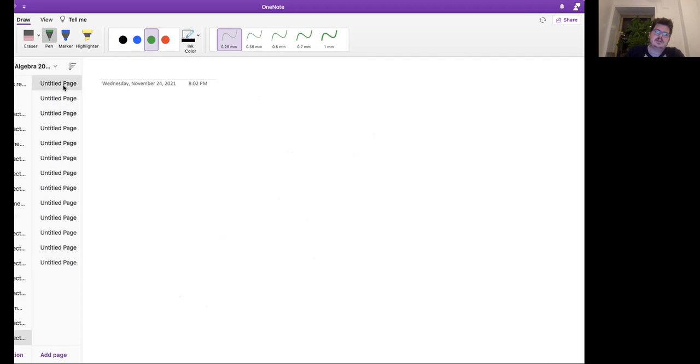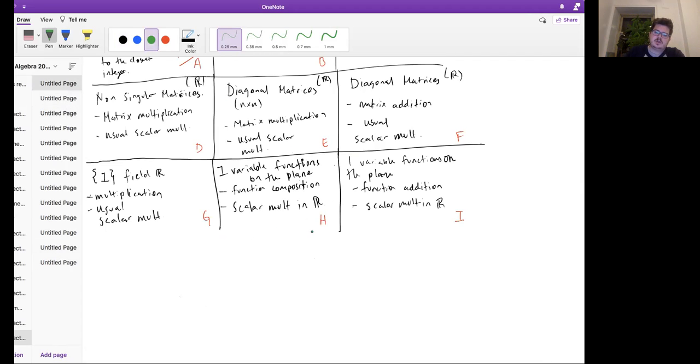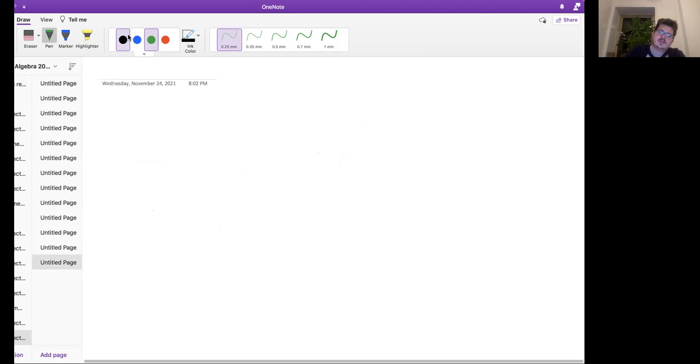Since we're a little low on time, I'll go through these a little quicker. One variable functions on the plane, so just any functions. This is stuff that we did in pre-calc.